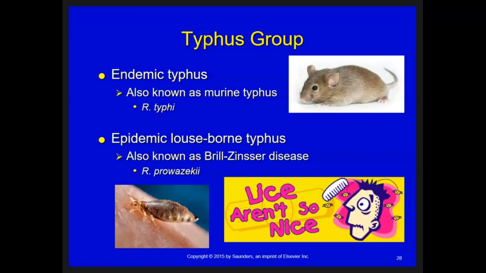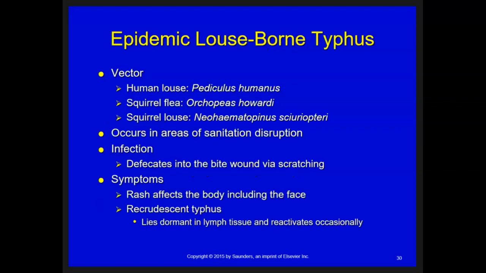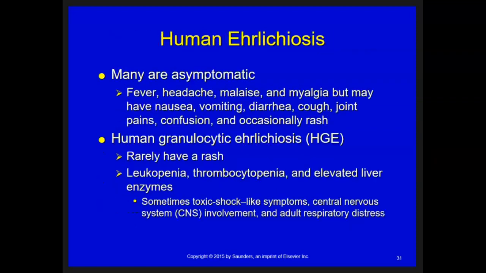There is Rickettsia prowazekii, which is also known as Brill-Zinsser disease. I don't think you would need to know that. Endemic typhus, not so much important here. I don't think you would be asked anything about this.